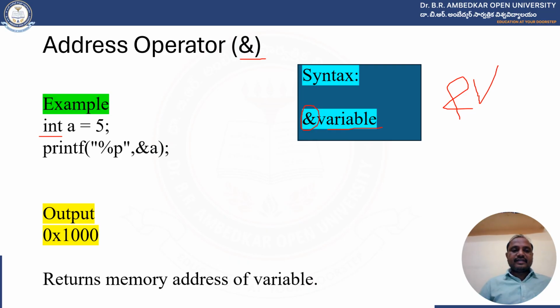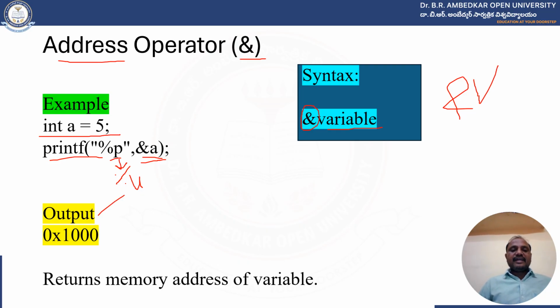Coming to one example, int a equal to 5. This is a normal variable. Now we write one statement, printf with percentage p. Percentage p denotes the address, and instead of p we can also write percentage u. It also gives the address of the variable. The value of a is 5, but ampersand a, the address operator, means the address of a will be printed here.